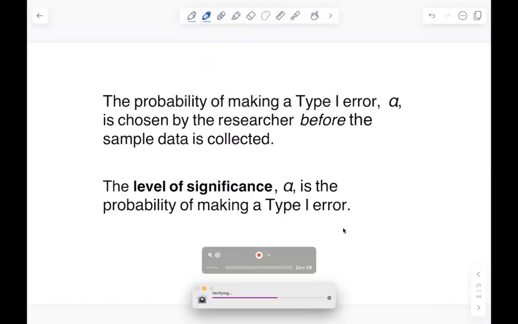So we choose the alpha before the sample data is collected. So we choose our level of significance. That alpha is also the probability of making a type 1 error, and the researcher is going to choose that. So you will never have to choose it. The researcher is going to choose it for you. So don't worry about choosing that.